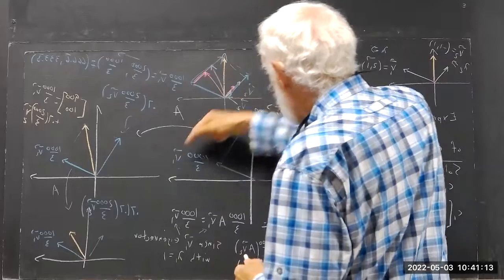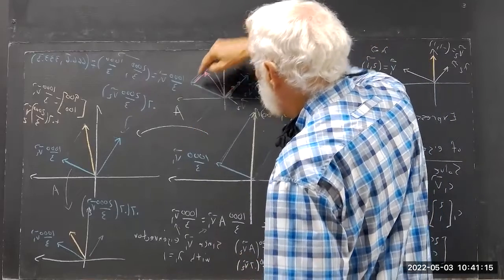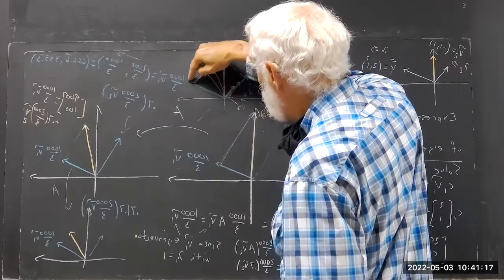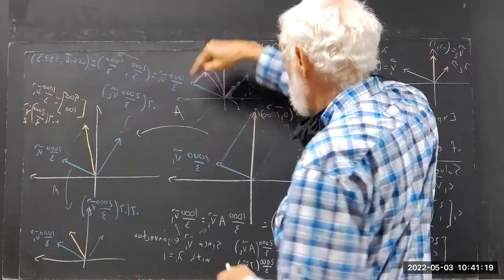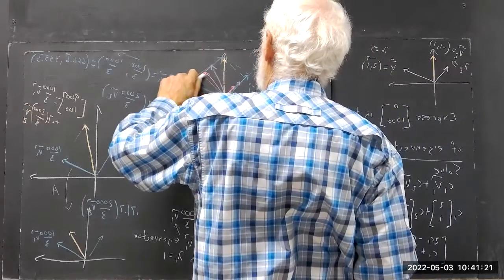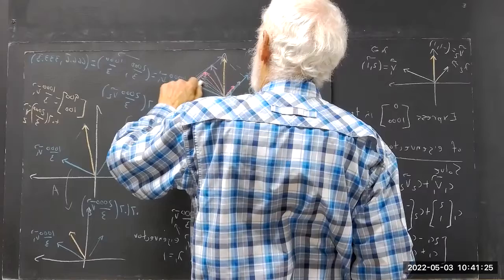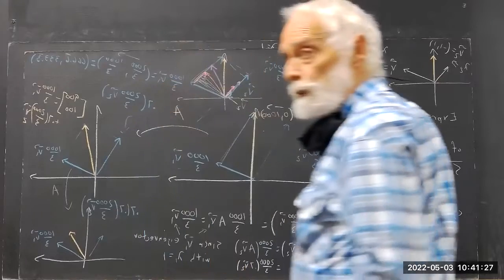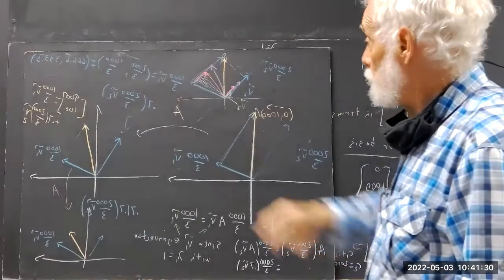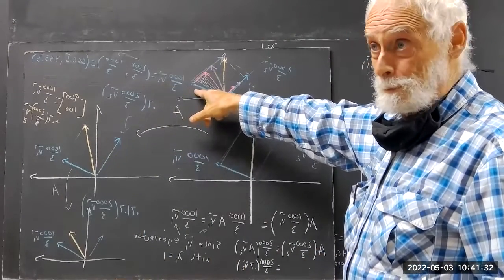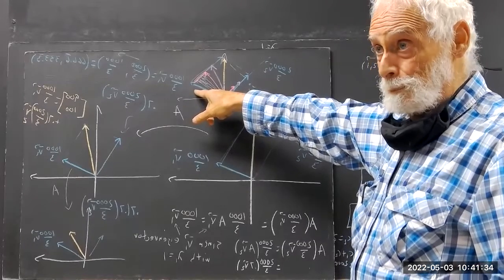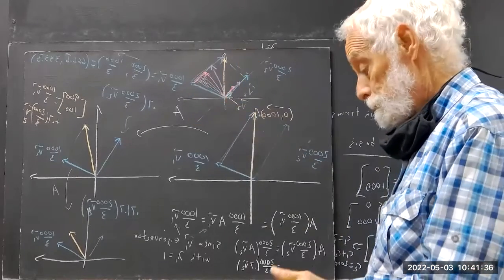The vector stays on this line. So this vector here, if we add to this one that doesn't change, stays on the same line. And we just get a series of vectors that approach this vector as a limit. So that's a picture.